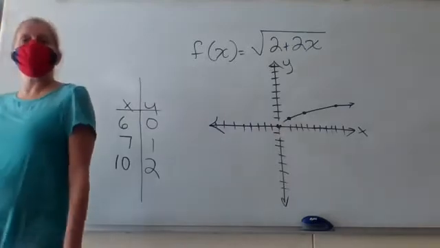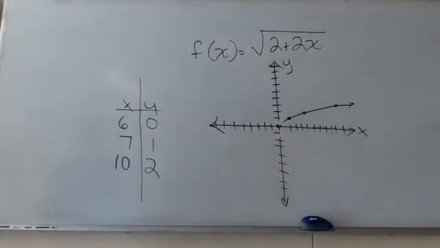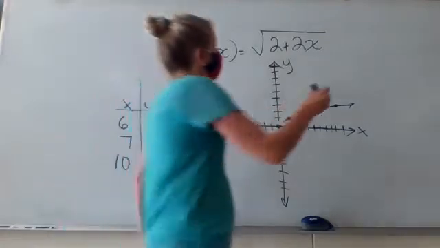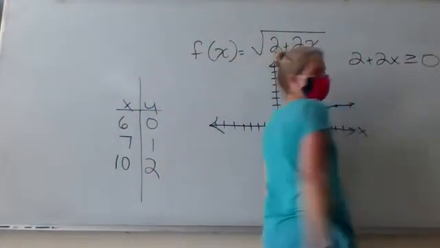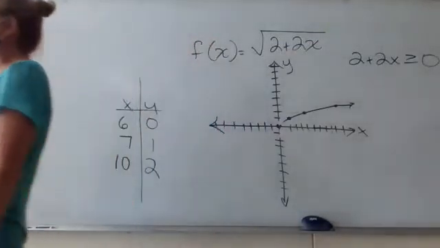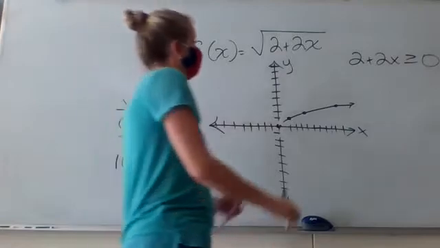It doesn't tell us to find the domain, but I like to tie it all together to see what I know for sure is not going to be included in this graph. So 2 plus 2x needs to be greater than or equal to 0. If not, it's going to be an error message, right? Your x will be an error message if it doesn't fall in this category.